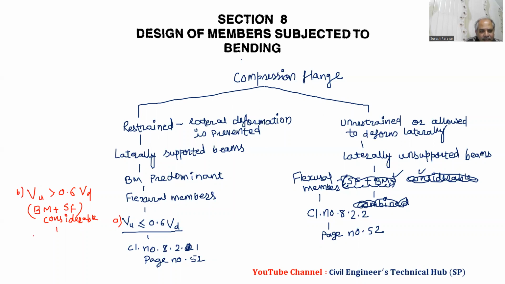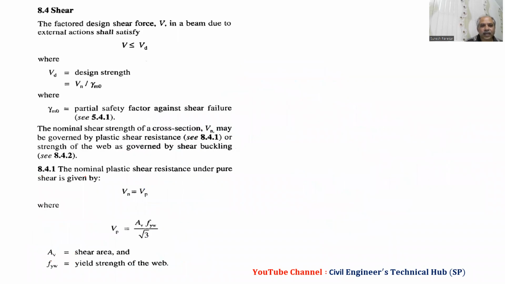Here the members are designed for combined loading, and for this we have clause number 9.2, and from this we have to design this section. Now, most important, we have VD for laterally supported beams, and that we will see over here. This is according to clause number 8.4, which is given on page 59.